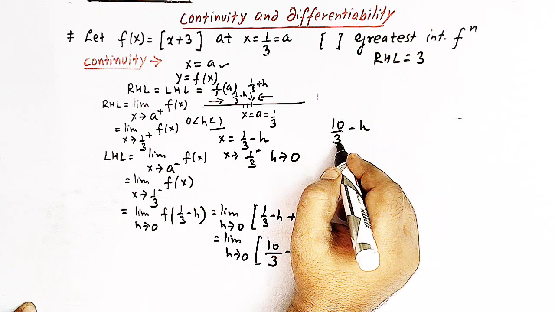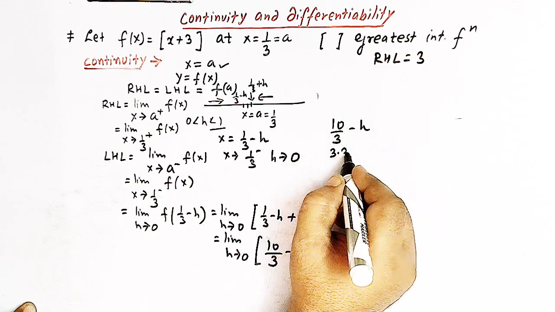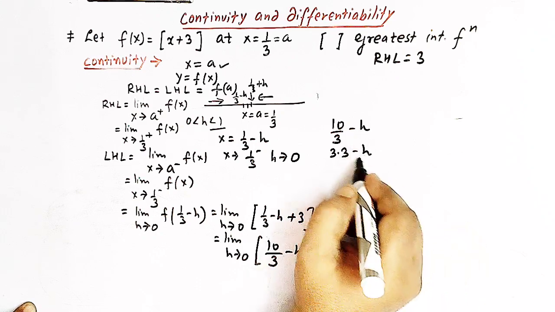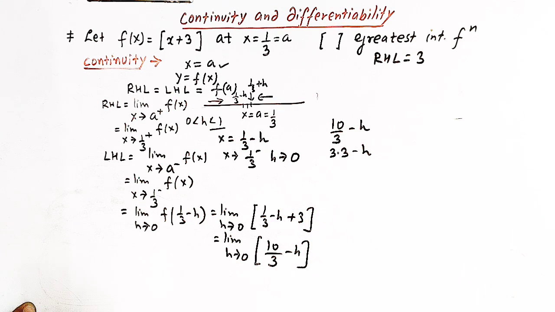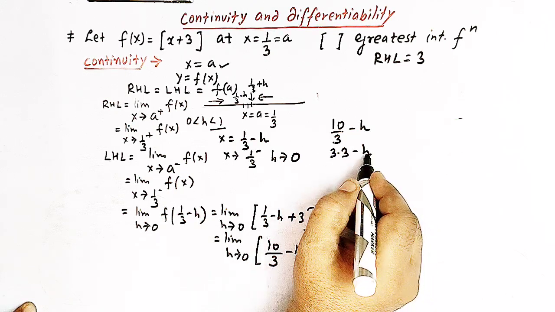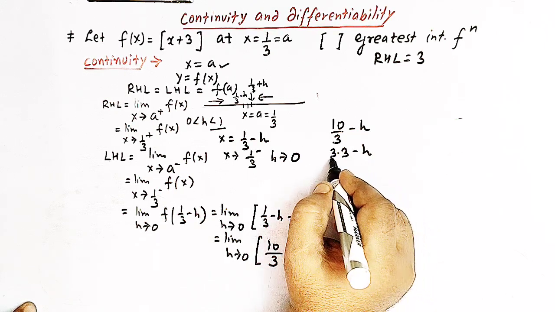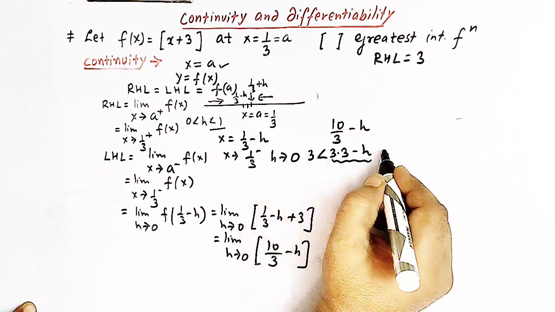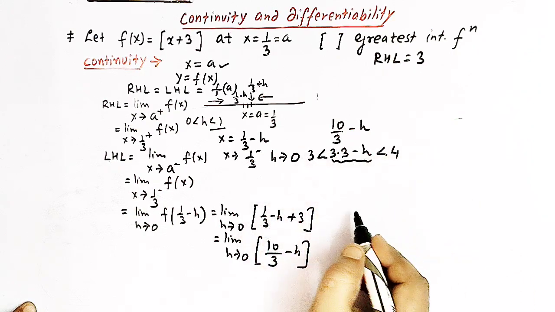Now 10 over 3 is approximately 3.3, and here we have minus h. So h is again infinitesimally very small. So when we subtract h from 3.3, then this number is again greater than 3, but it is less than 4, right?